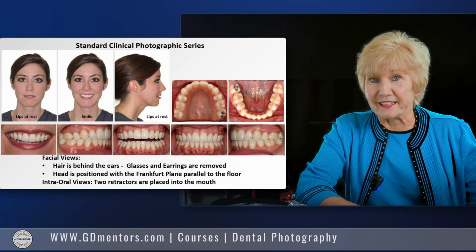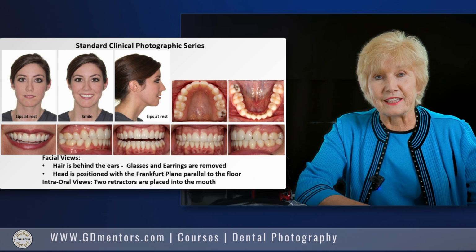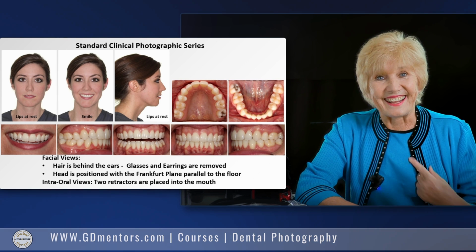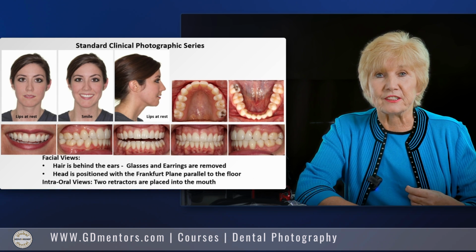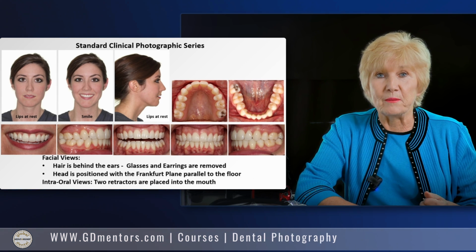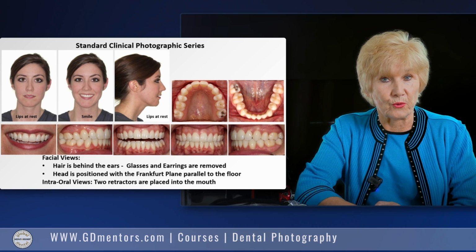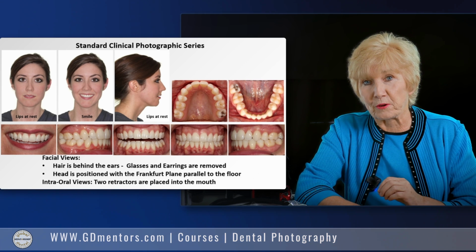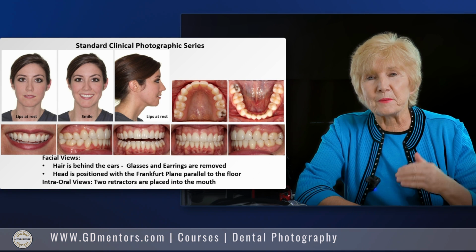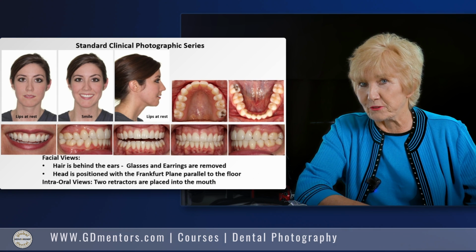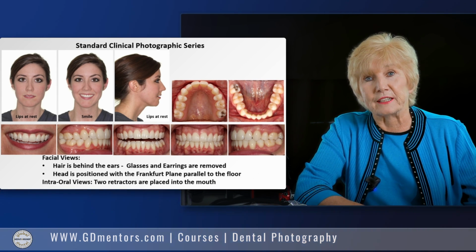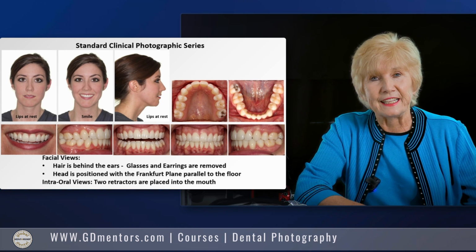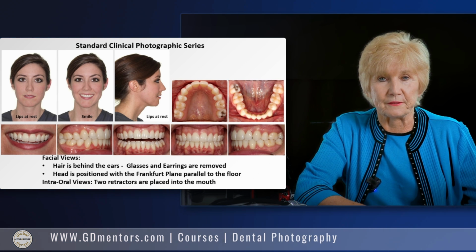But really, as a dentist and for the dental lab, they want to show that I have a big gummy smile. So you have to tell the patient, I need to see how much gum and how much teeth you're showing so I can design the perfect smile for you. Then the patient knows that you're not taking the photograph just to make them look pretty. You're taking a photograph to get a record, to get information, and they will start cooperating.